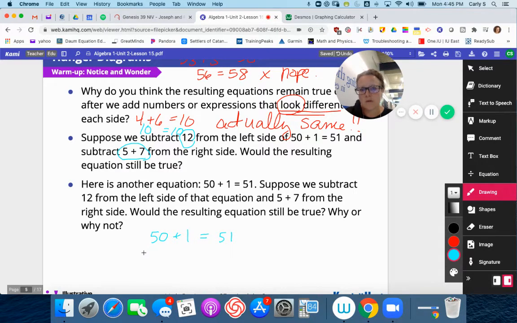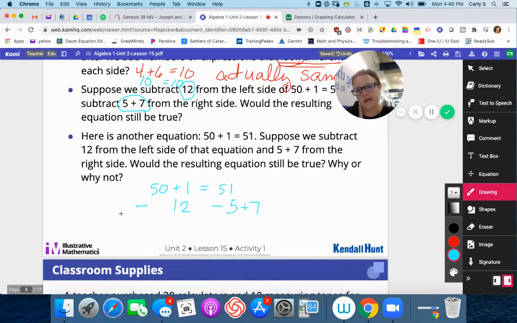And we're going to subtract 12 from the left side and subtract 5 plus 7 from the right side. So on the left side, we get 51 minus 12, which is 39.